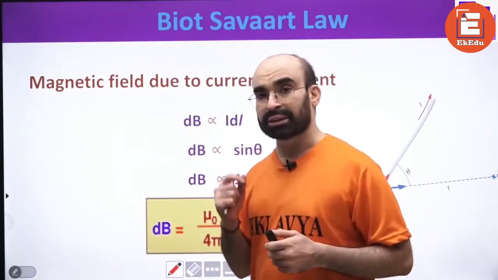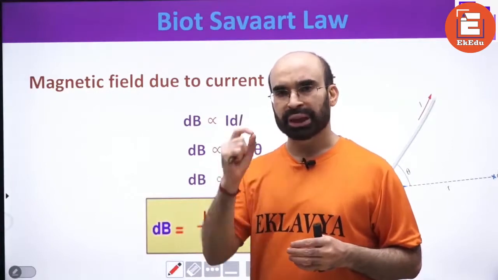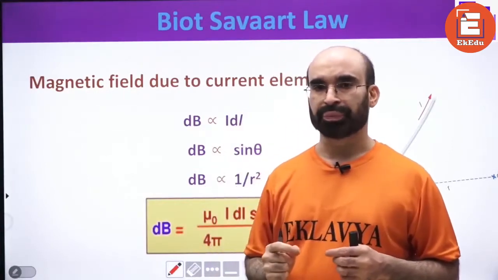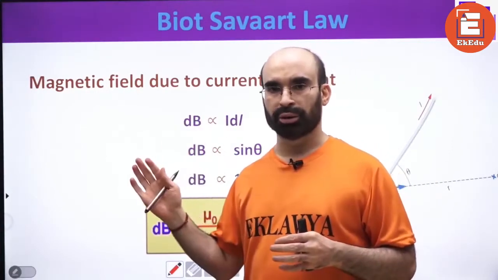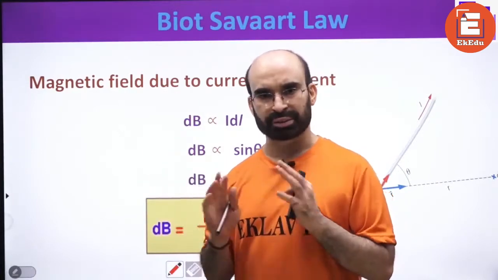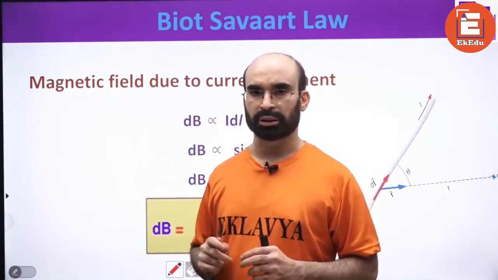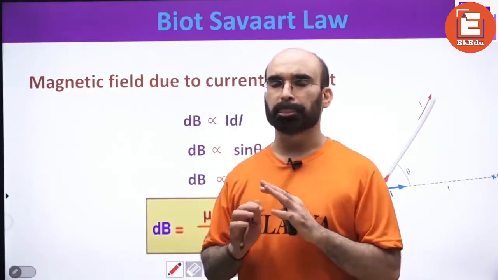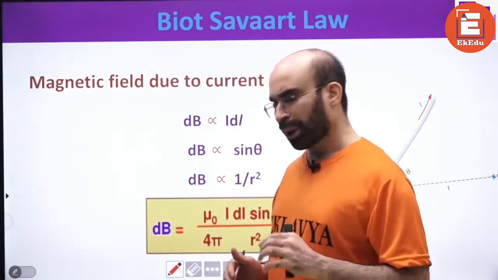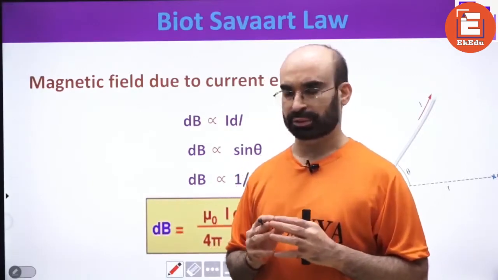So let us understand the basic idea behind this law. This law is very simple. As I told you, this is the fundamental law in this chapter. This simply says that you have to understand three things.